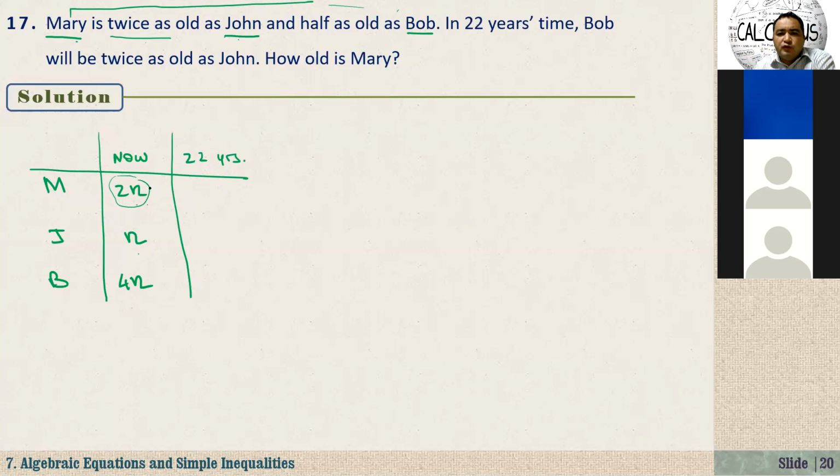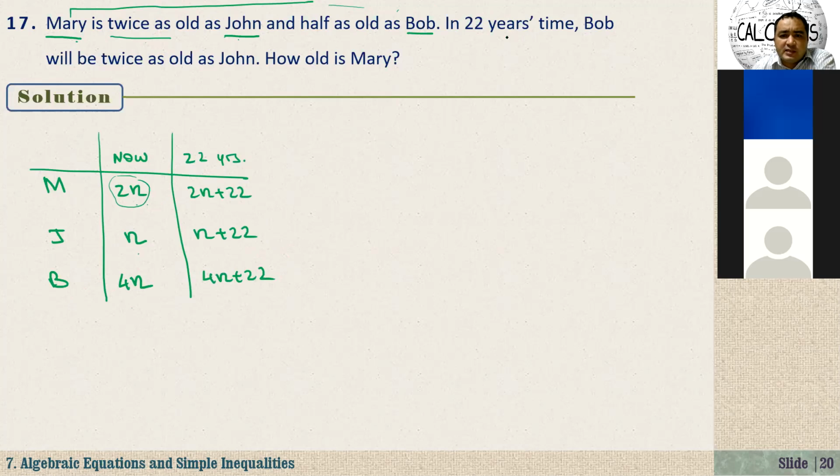Now, in 22 years' time, that means that 22 years later, how old will Mary, John, and Bob be respectively? So Mary will be 2n plus 22. John will be n plus 22. Bob will be 4n plus 22.